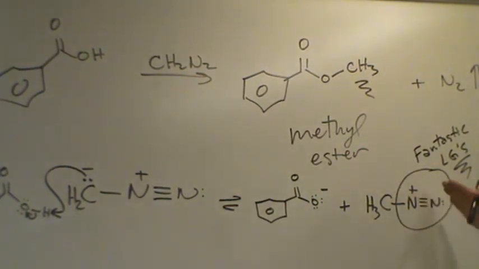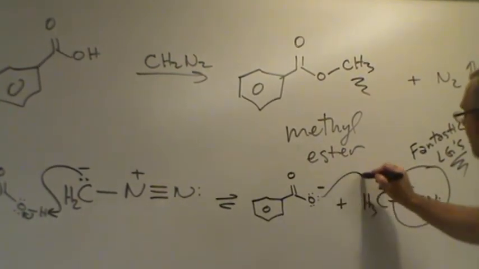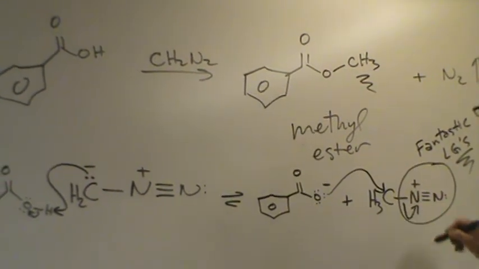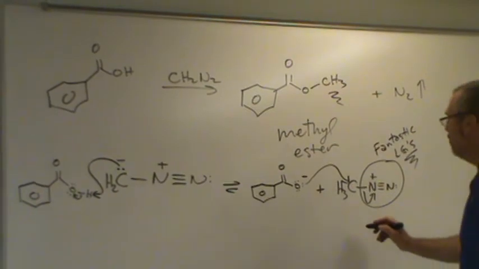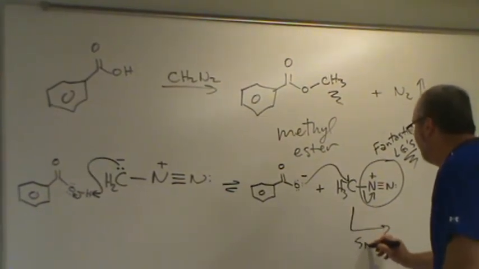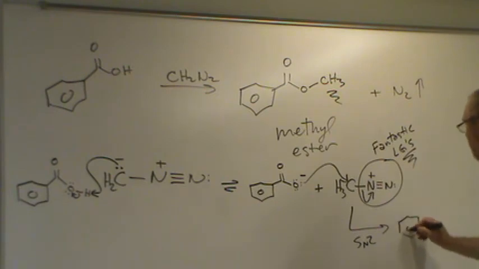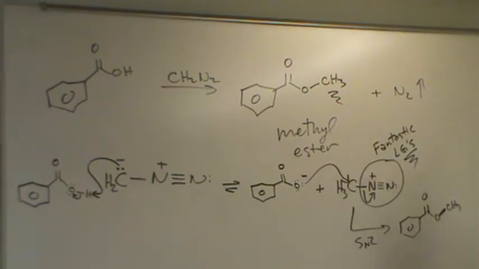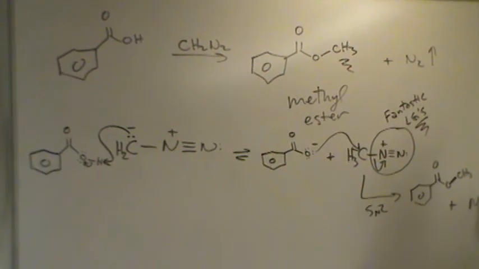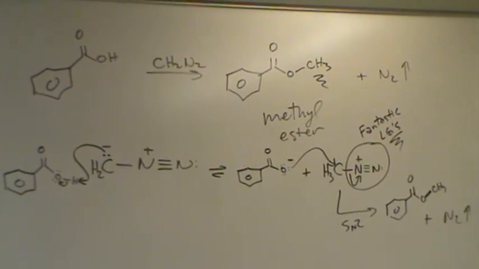This diazocation is actually going to leave as nitrogen gas, as stable N2. And the result is, at the end of this SN2 step, which is the second step, you have prepared the corresponding methyl ester. There's the new bond as part of that SN2 reaction, plus your leaving group is neutral, stable nitrogen gas, which just goes away.